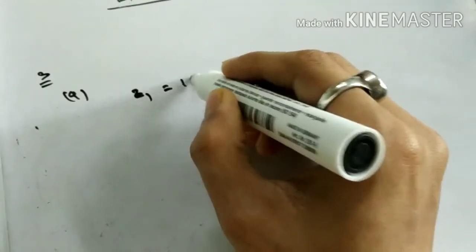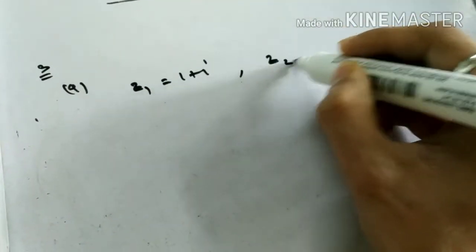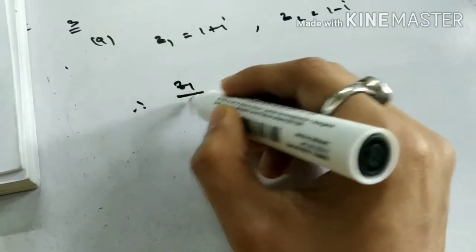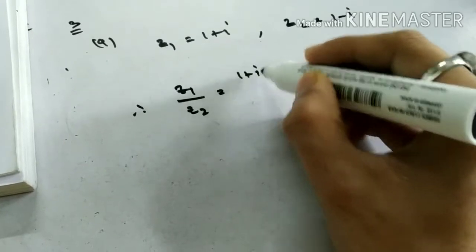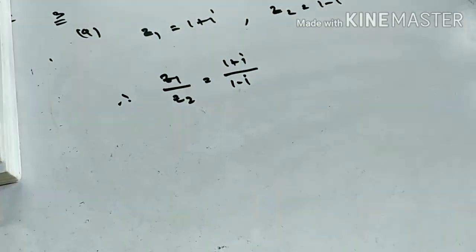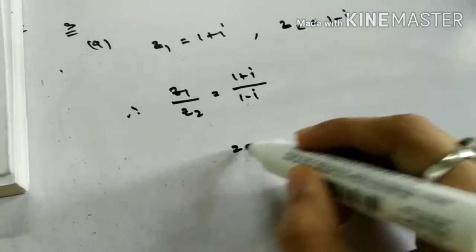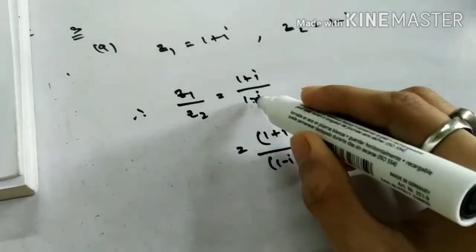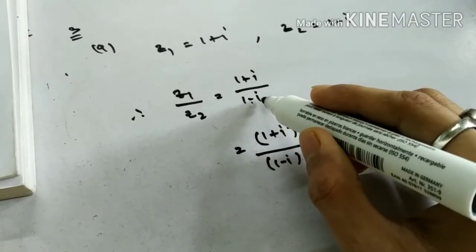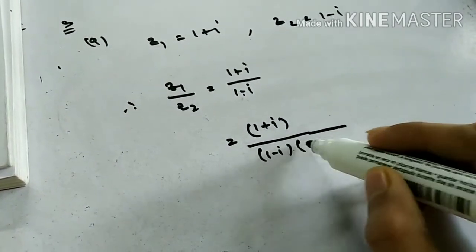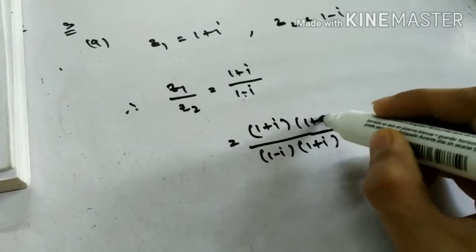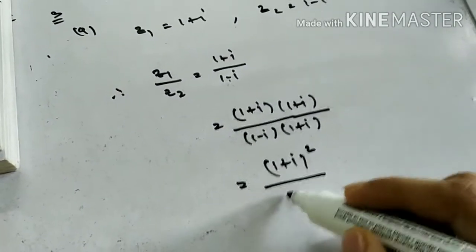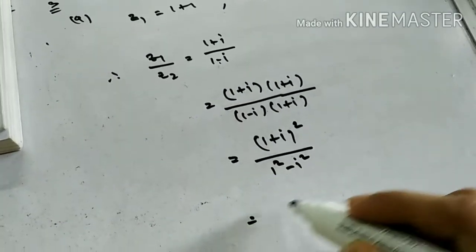So z1 is equal to 1 plus i and z2 is equal to 1 minus i. Therefore z1 by z2 will be 1 plus i by 1 minus i. So this I will do, 1 minus i is there, so I will multiply it by 1 plus i, both sides. So this becomes 1 plus i the whole square by 1 square minus i square.